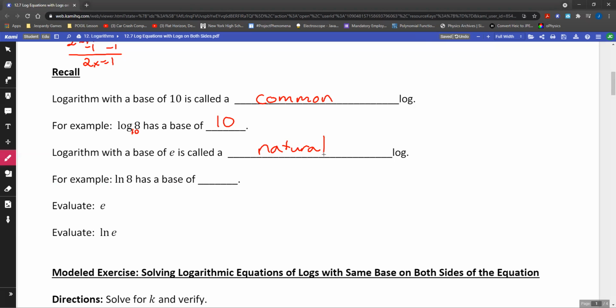And here ln e has a base of e. Using the calculator, we could say that e is equal to 2.7183, and that ln of e is equal to 1. All right.